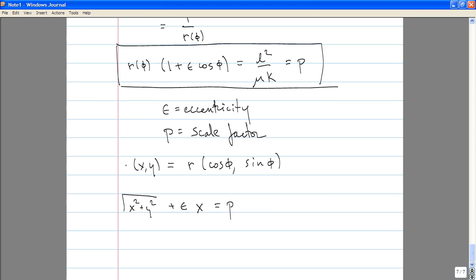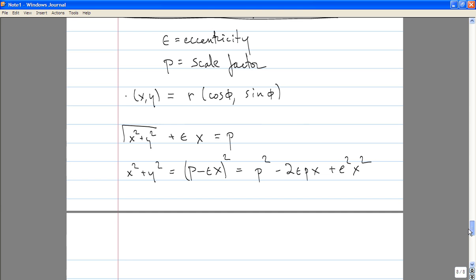So let's move that epsilon x to the other side of the equation of motion and square it, and we get x squared plus y squared is equal to (p minus epsilon x) squared, which is p squared minus 2 epsilon p x plus epsilon squared x squared.